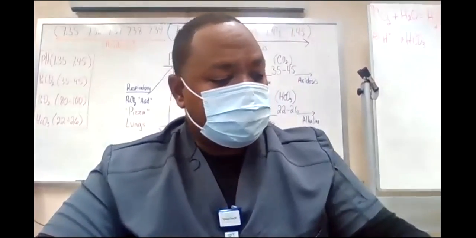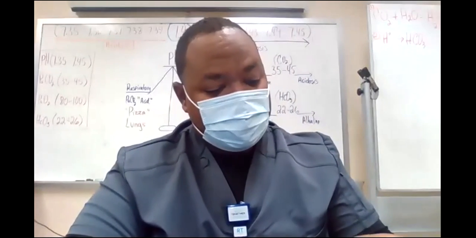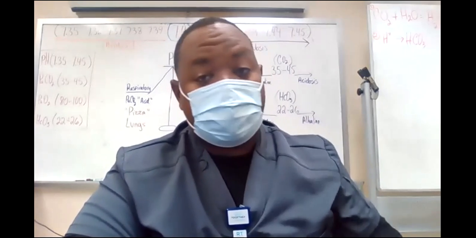That can't happen. That is a lab error. Throw it away, restick, and do it again. You may have to calibrate your ABG machine or something like that. But that can't happen. One of them has to be going the way the pH is going.